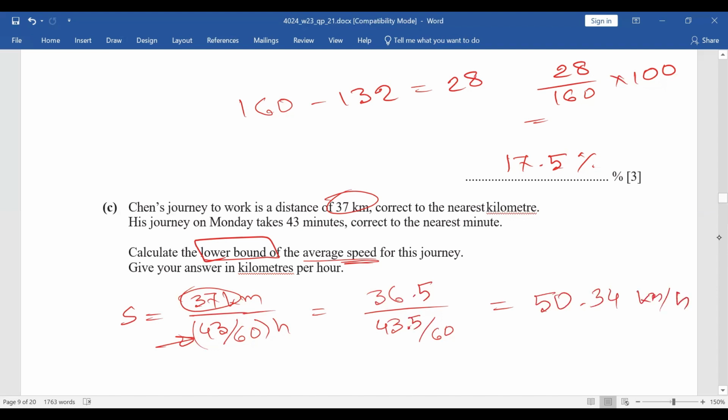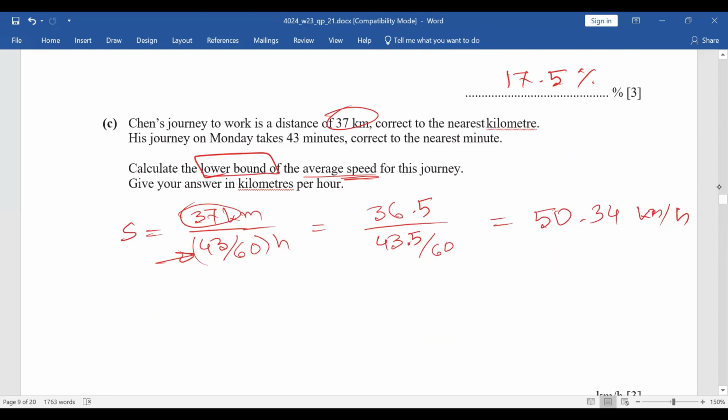So the average speed is 37 by 43 by 60, which is approximately 51.63 kilometers per hour.